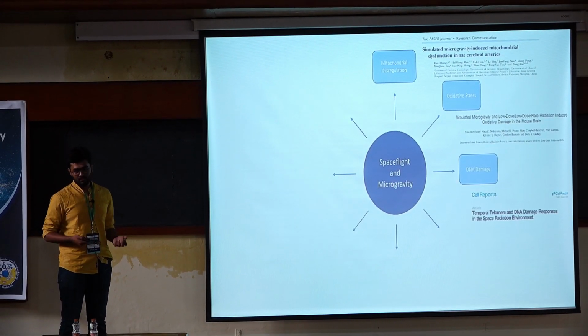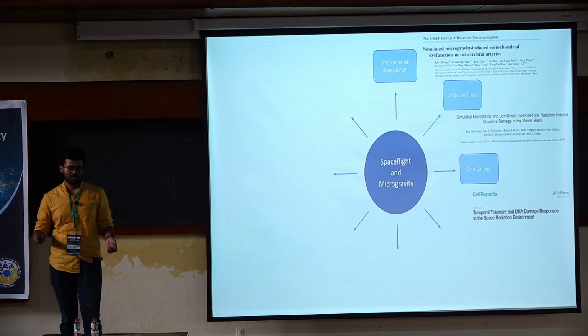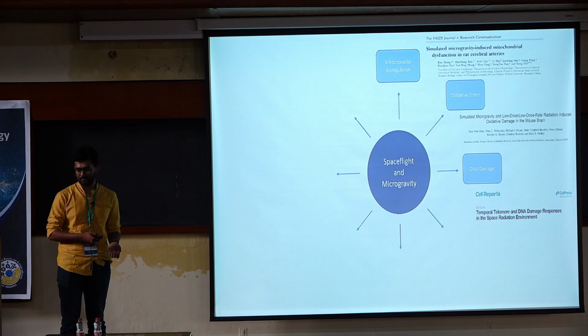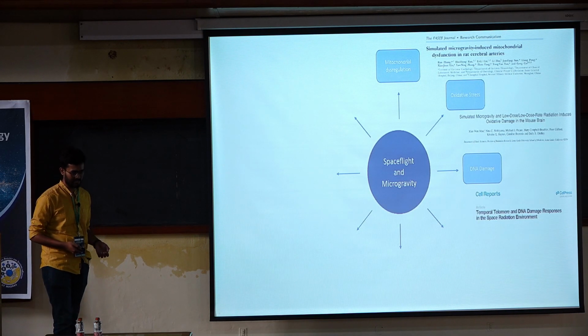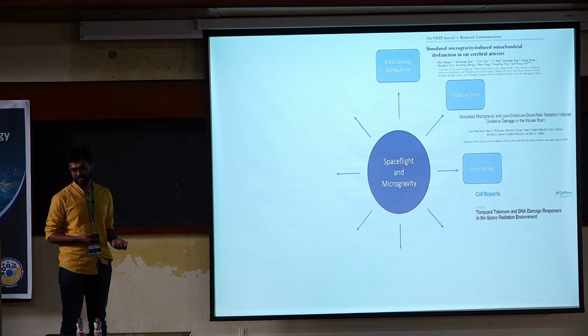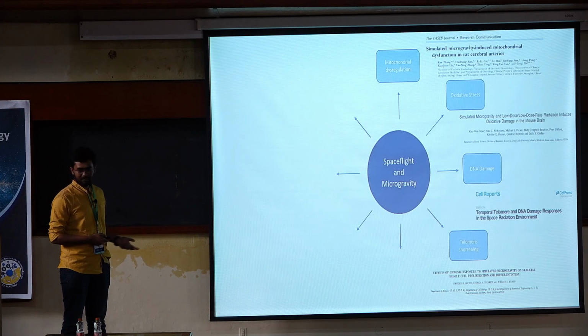Then we have DNA damage, which is again very obvious. Astronauts generally face radiation which is multiple times higher compared to that on Earth, even after the protective gear which they use. Even after that, they do experience DNA damage. Telomere shortening, which again I won't be going much into.